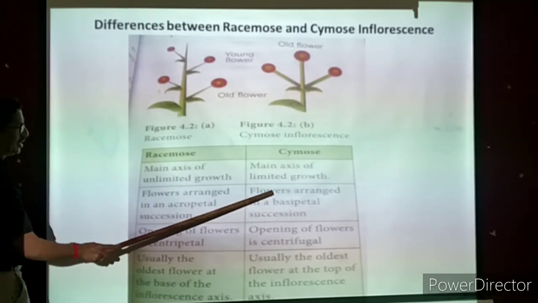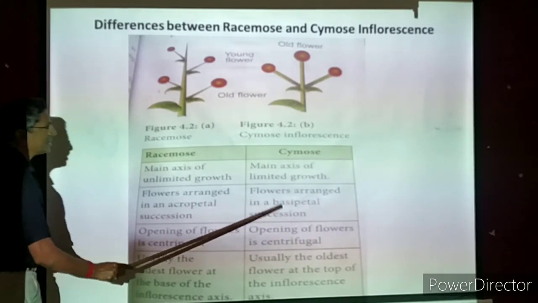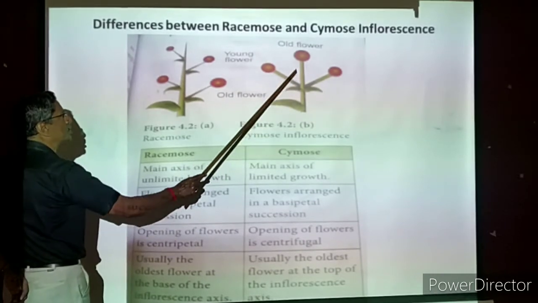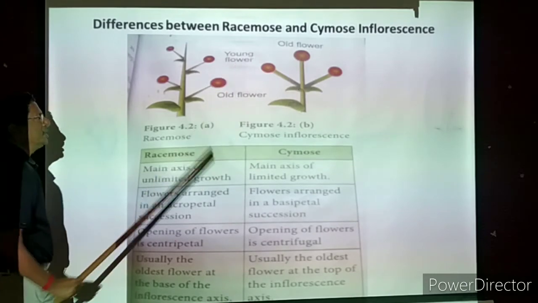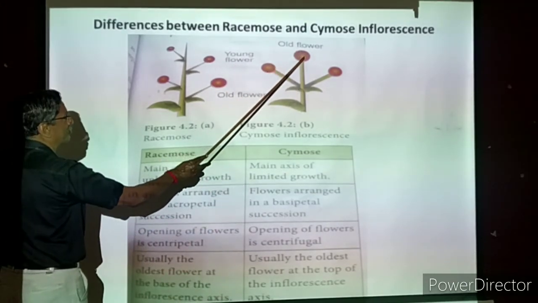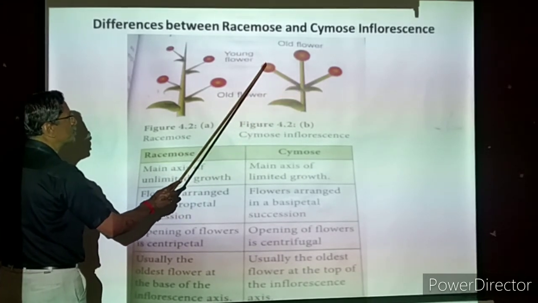Now, we will come to this one. Flowers are arranged in a basipetal succession. What is the meaning of basipetal? Now, this is the peduncle which is growing. It is having limited growth. So the first formed flower will be on the tip, exactly on the tip. This is called the oldest flower. Then after that, on the peduncle, one flower is formed.